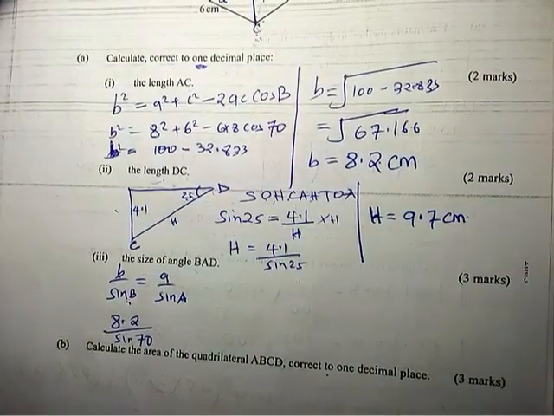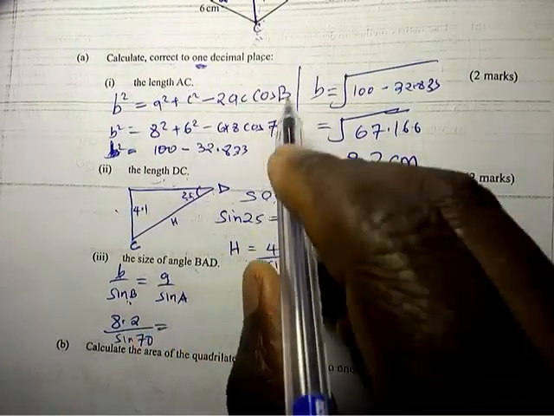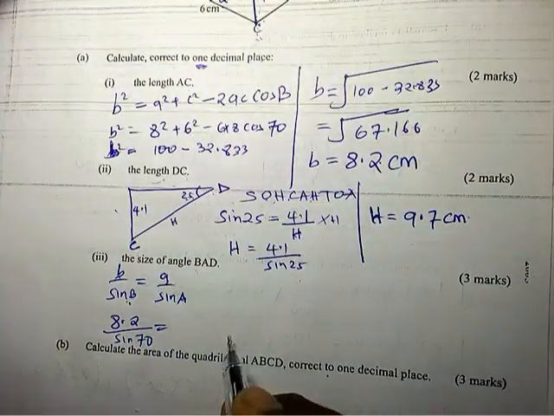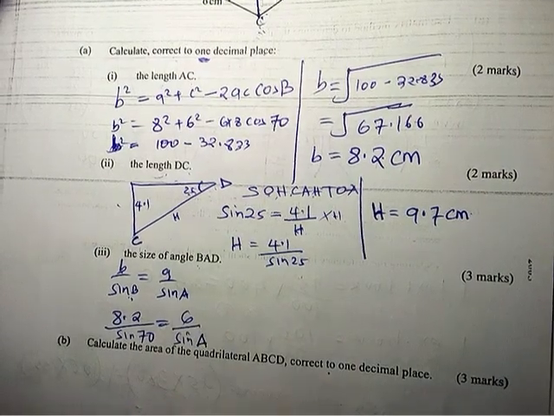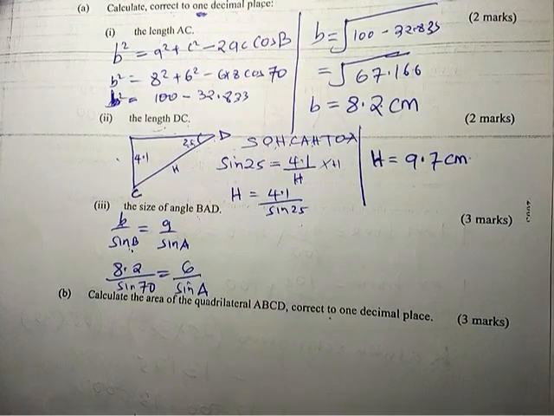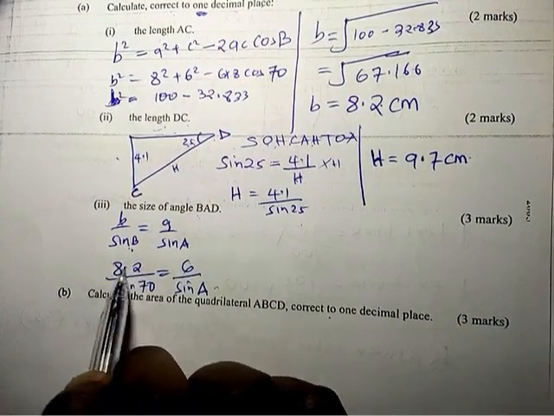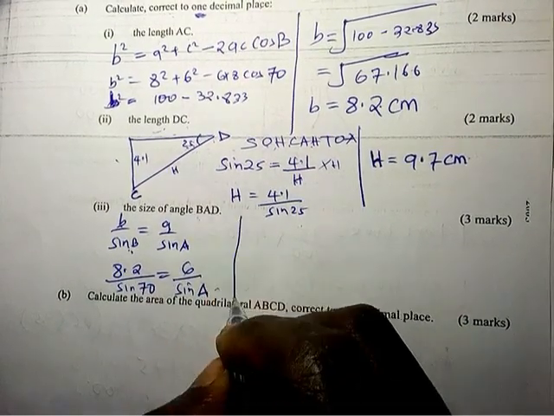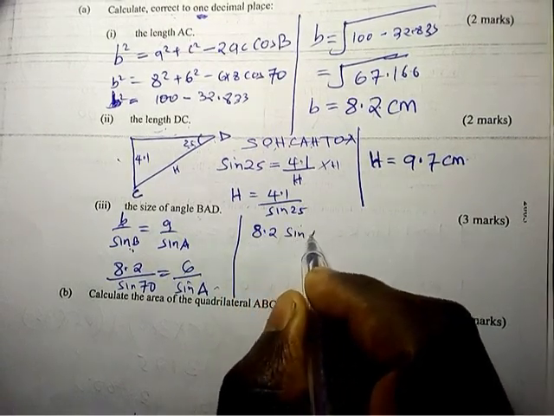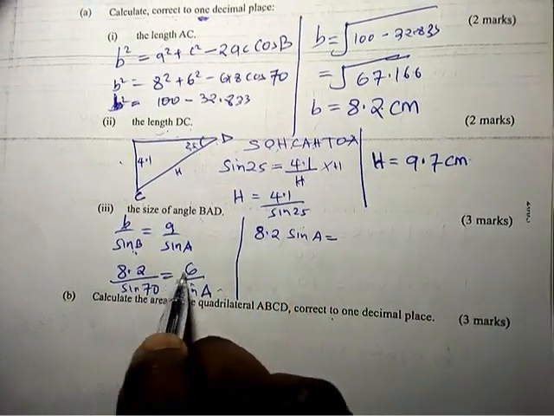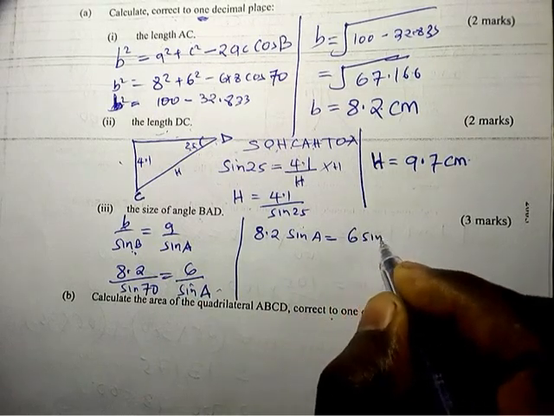This will be equal to 6 divided by sine A. Now we are looking for sine A. You cross multiply. 8.2 sine A is equal to 6 sine 70.